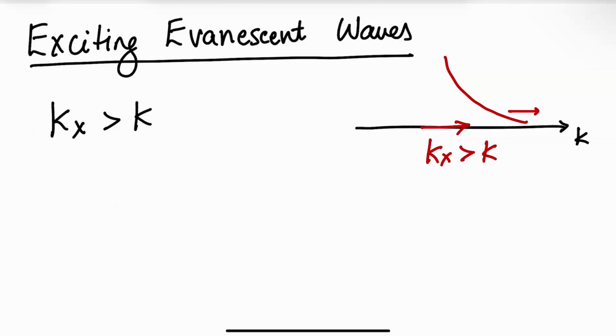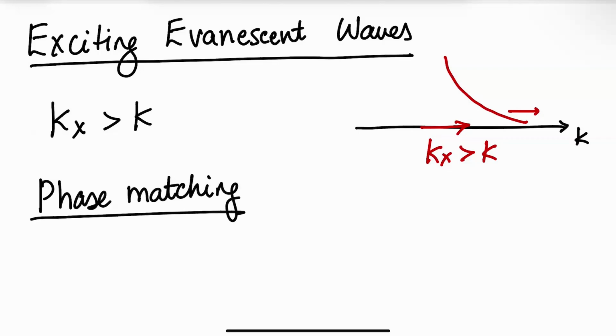Later on, we'll see that in order to excite a given wave, you have to satisfy a condition called phase matching. So we'll see that in the next lecture. This phase matching property is a required property in order for you to transfer energy from one wave to another, which means to excite that wave. So what does phase matching mean?